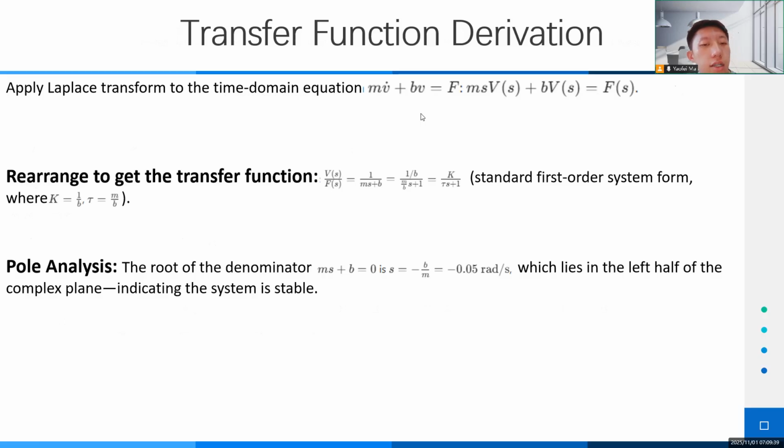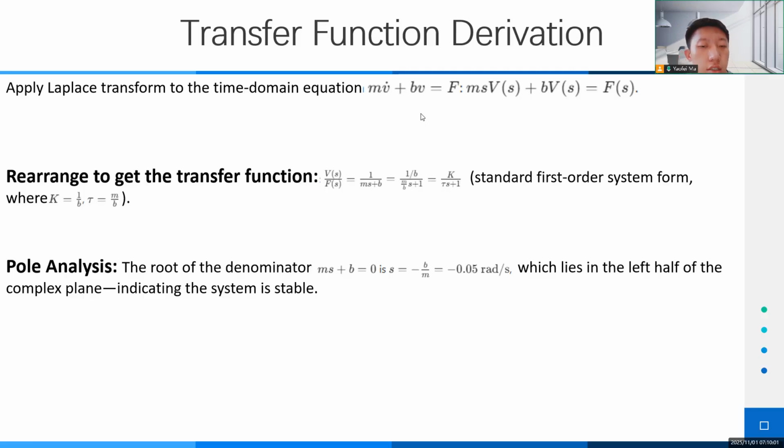Now let's check if the system is stable. A system is stable if all poles are in the left half of the complex plane. The pole s is negative.